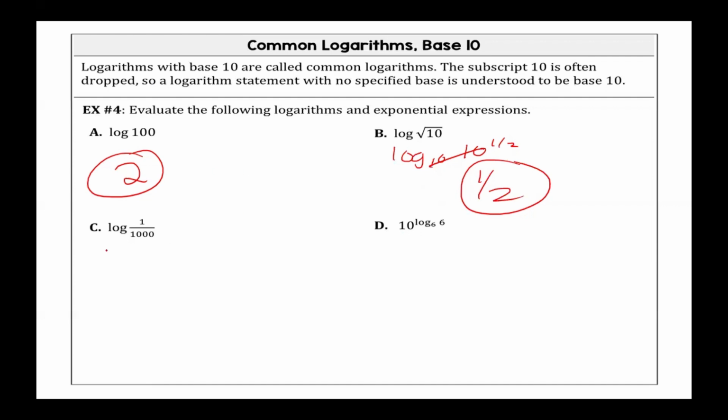Okay. All right. Next. What about this one? How many zeros are there? Where are they? So it's going to be negative 3. We're just changing the sign from positive to negative because it's in the denominator. It's a fraction.